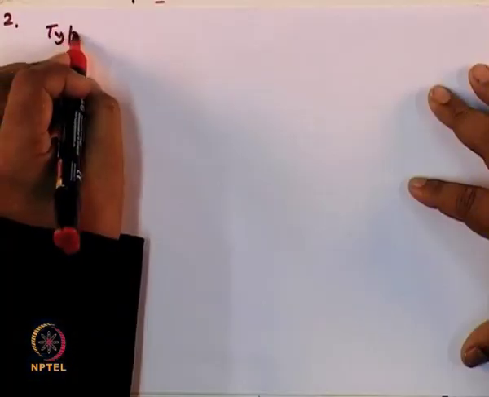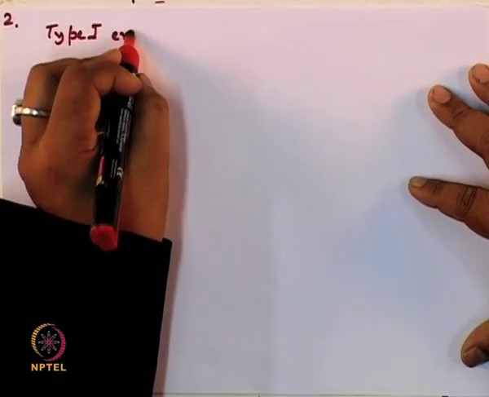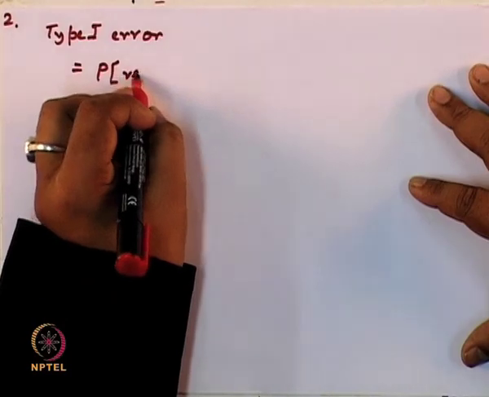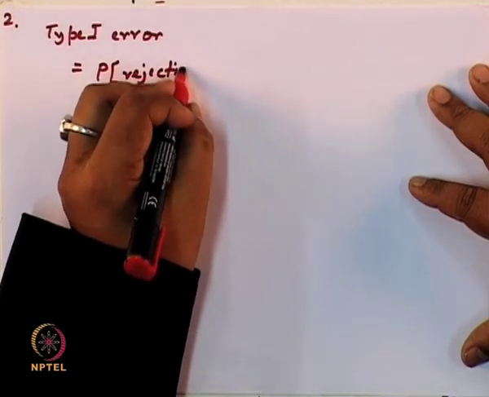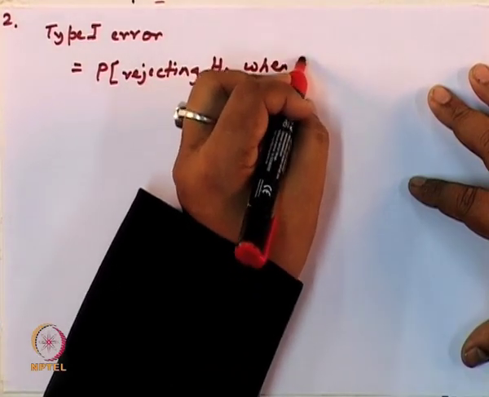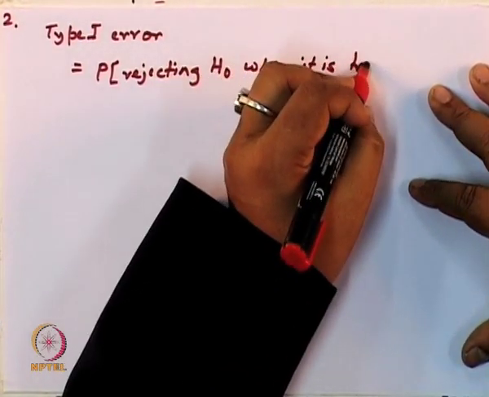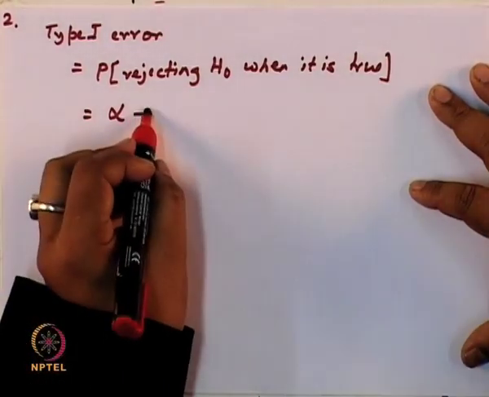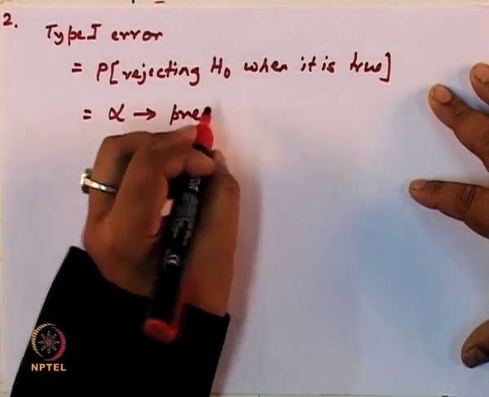Yesterday, while testing hypotheses, we discussed the possibility of two types of errors which can come up. You have a type 1 error, which is the probability of rejecting H naught when it is true, and this is nothing but this alpha, which you prescribe.